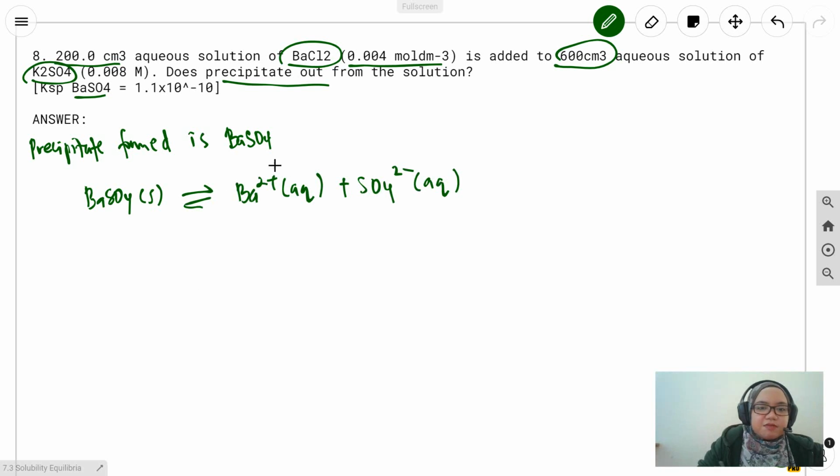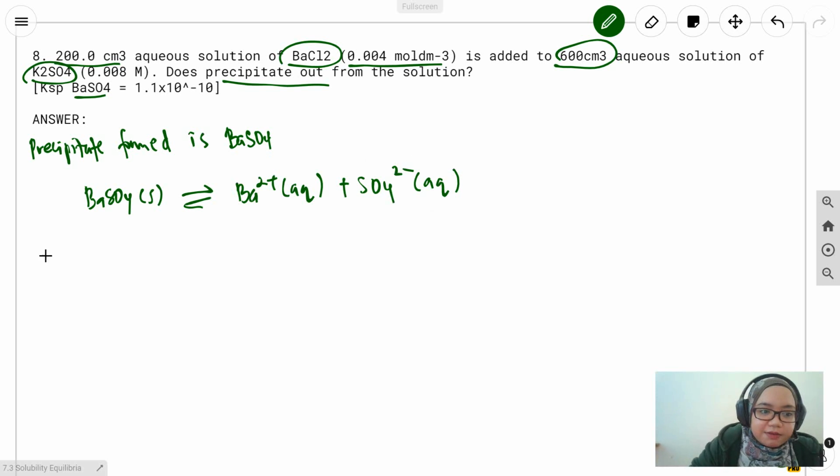So, once you know this, okay, what important thing must you know when a question like this comes out? If the question asks, does precipitate form from the solution, or does precipitate out from the solution, you must know in your mind that you have to compare the value of Q with the value of Ksp. It gives you the Ksp. So, what do you need to find now? You need to find Q. How to find Q? You have to find the concentration of soluble ions. So, you have to find the concentration of Ba2+ and the concentration of SO4 2-.